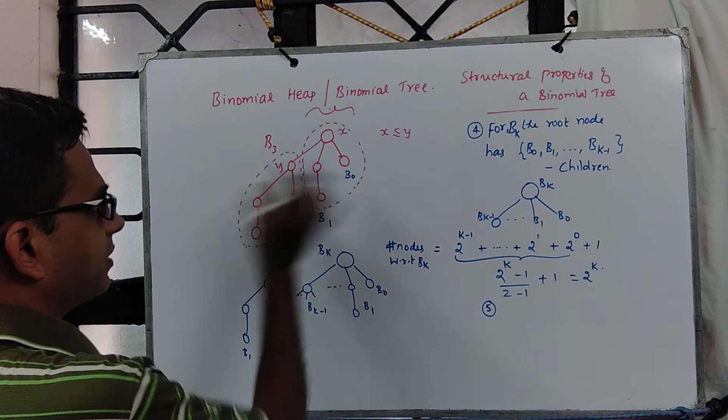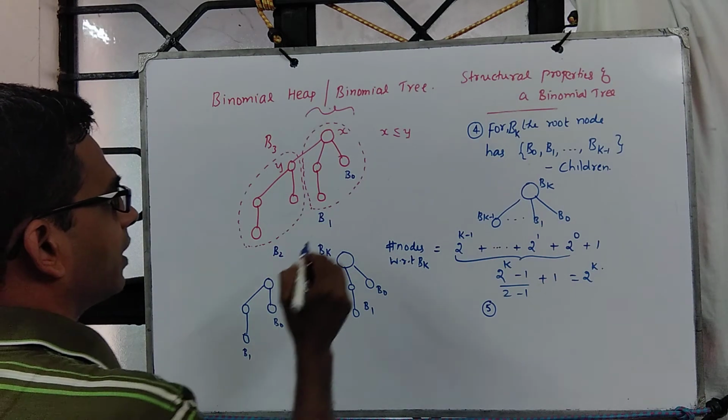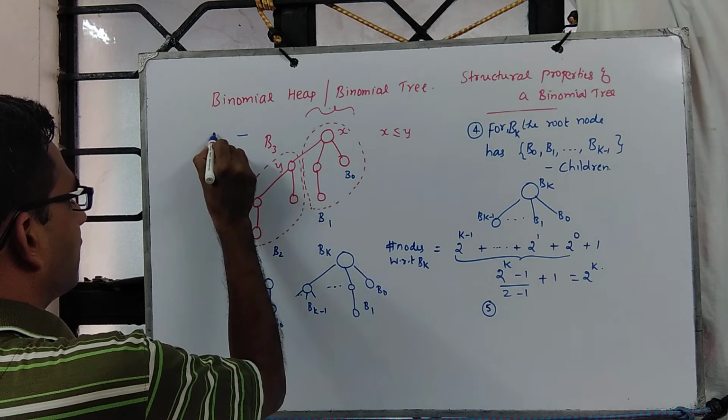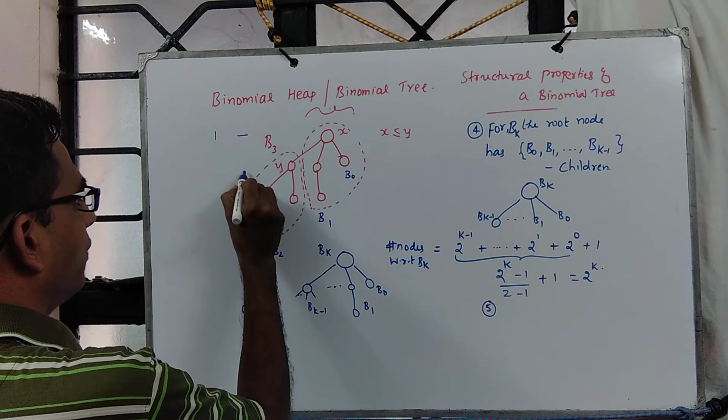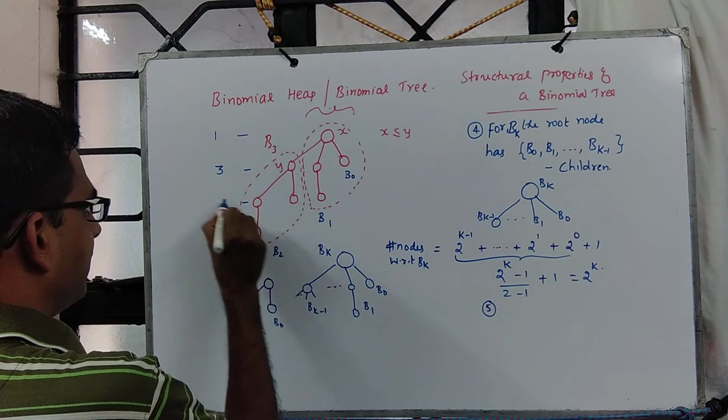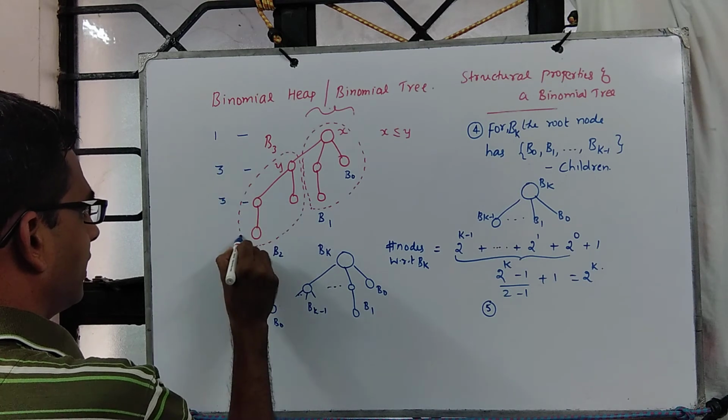If you look at this, say B3, we see that at this level there is one node. At this level it is 3. At this level it is 3. At this level it is 1.